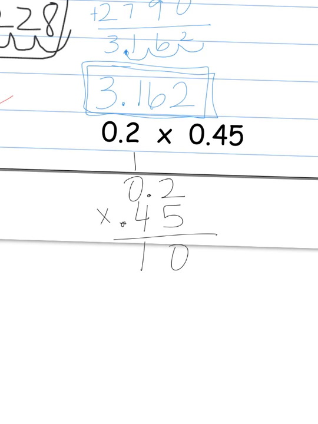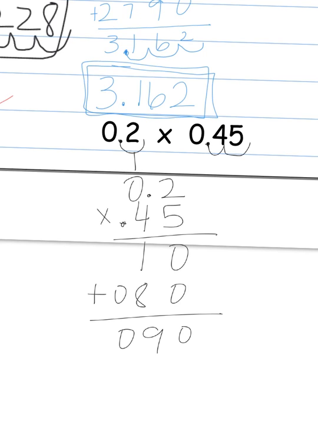Now we're moving over to the 4. We moved over one spot, so we fill it in with a placeholder. 4 times 2 is 8, and 4 times 0 is 0. Add our numbers together. 0 plus 0 is 0. 1 plus 8 is 9, and we bring down our 0. Now in this one, we are 1 decimal point over there, and 1, 2 here.